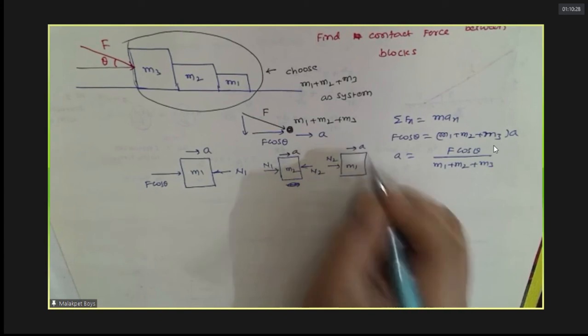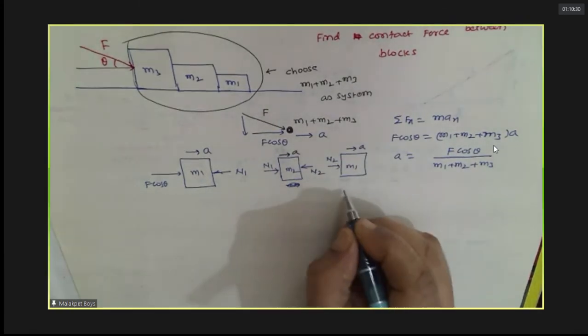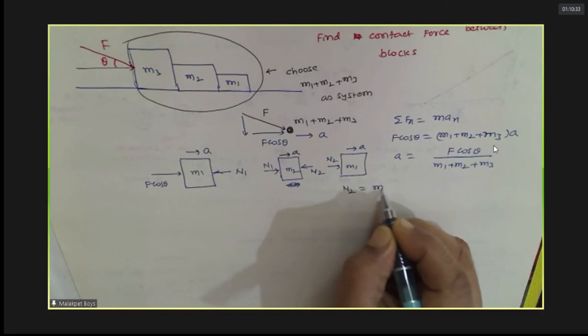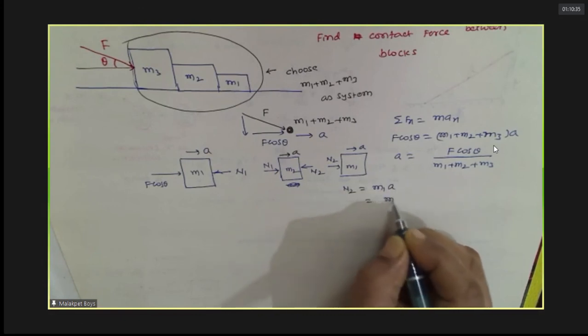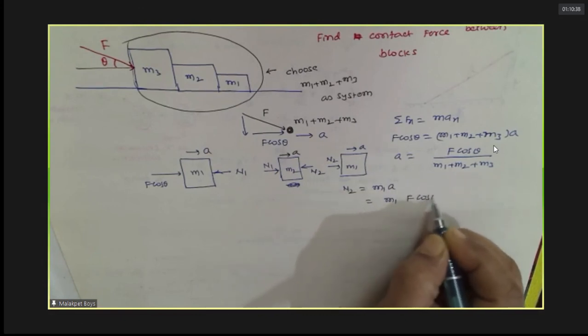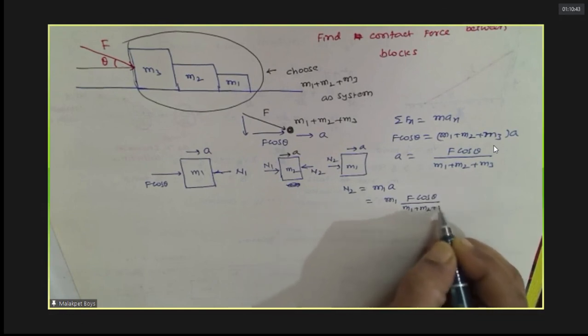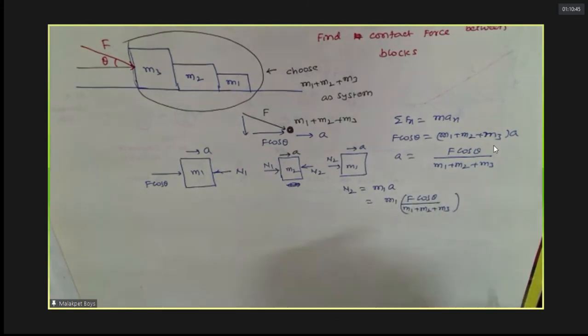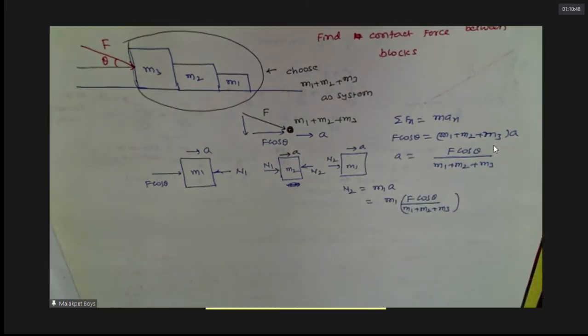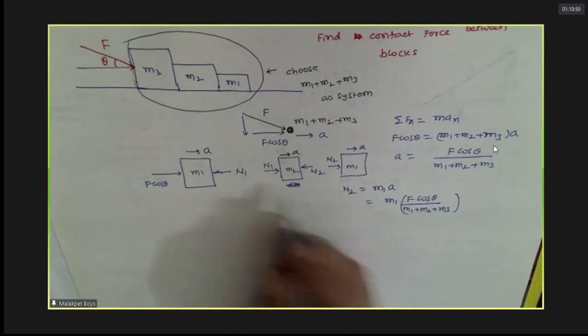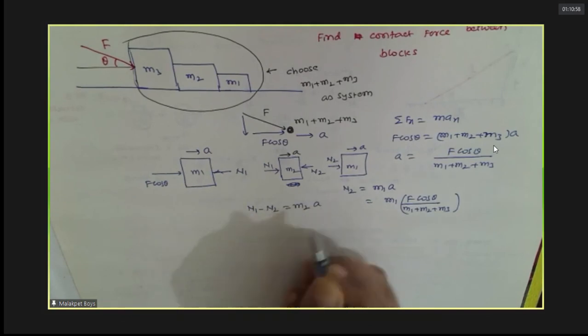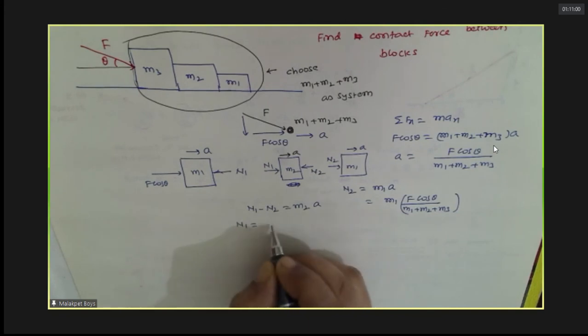This also moves with the acceleration. Now you can start here. Do you agree with this? So I got N1. Now N2 I got. Now I can get N1 here. You can take N1 minus N2 is m2a. So N1 is nothing but N2 plus m2a.